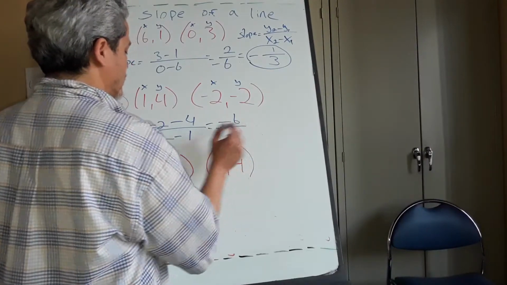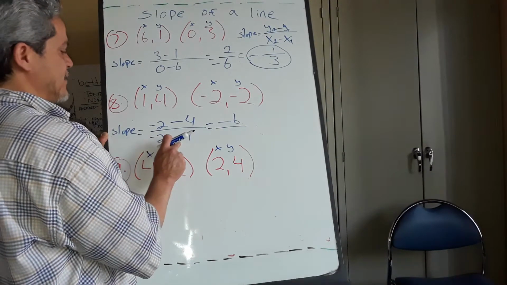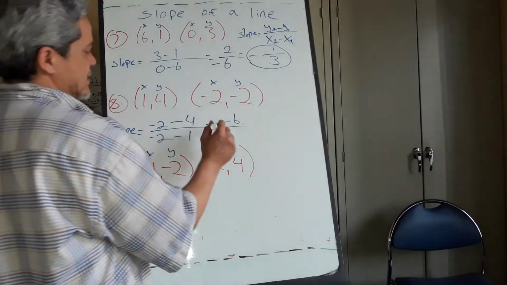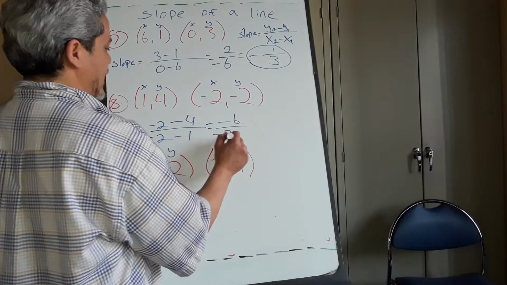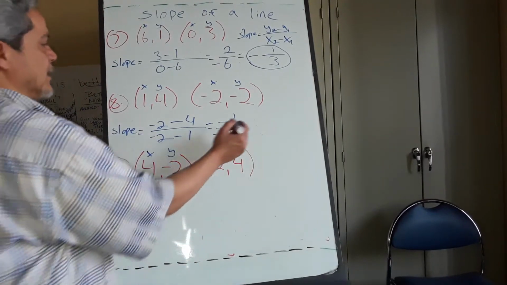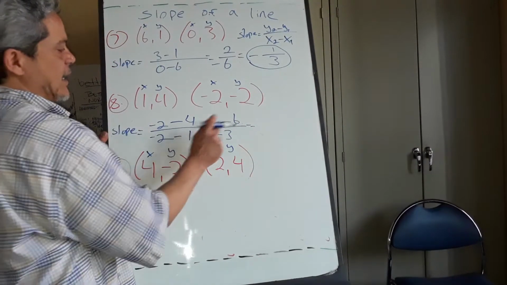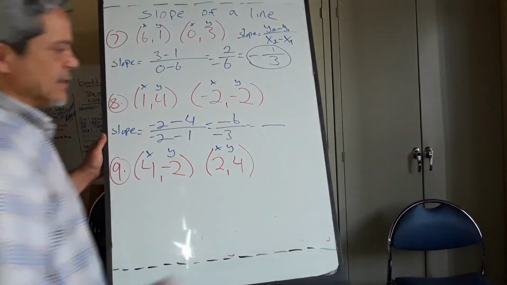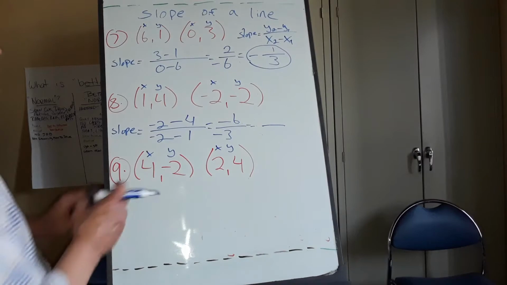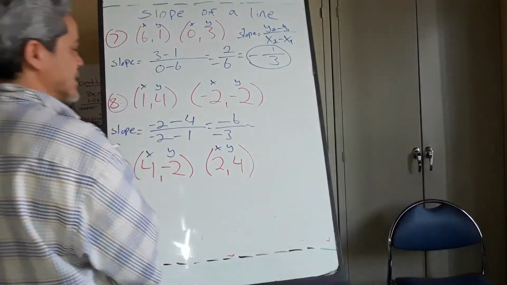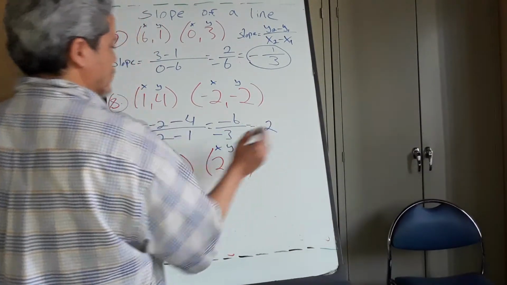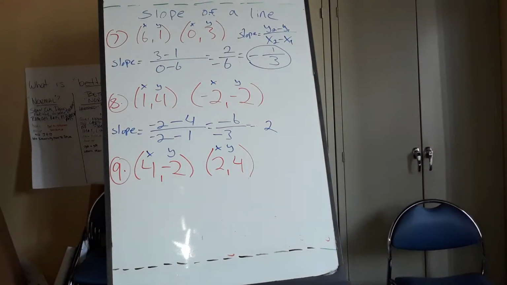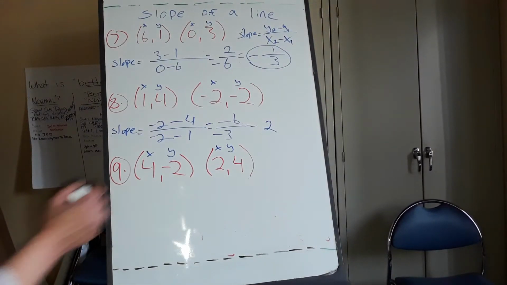Negative 6 over two negatives, we add these, and that's going to be negative 3. So a negative and a negative will give you a positive. 6 divided by 3 is 2. So number 8 has a slope of 2.